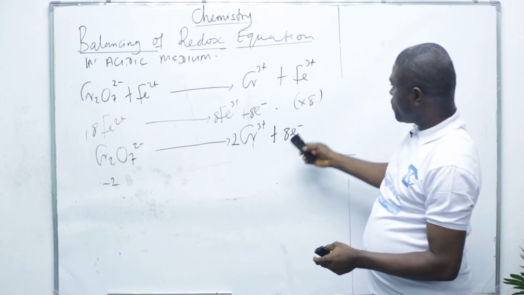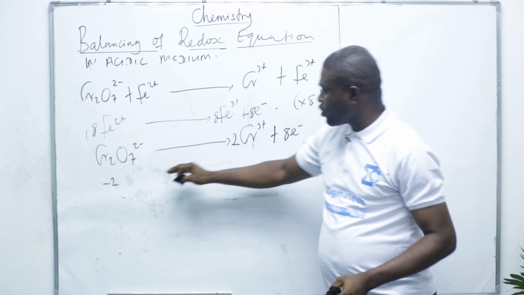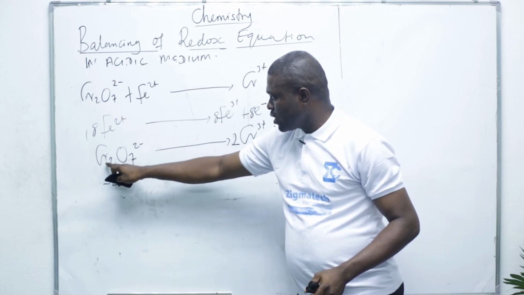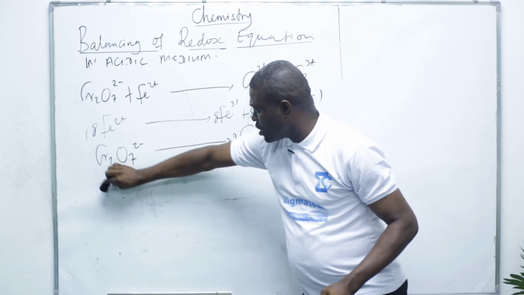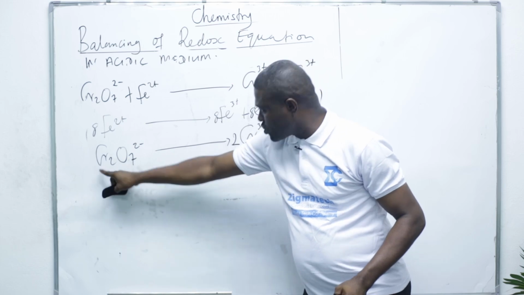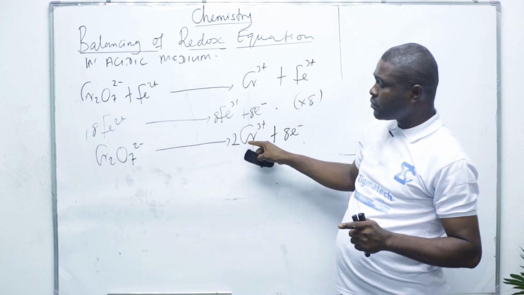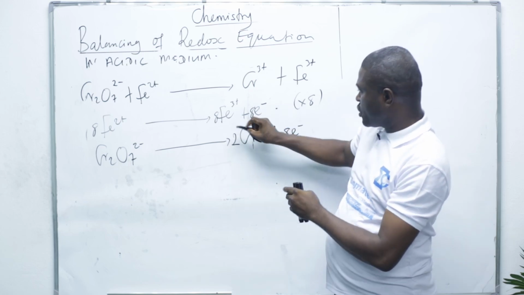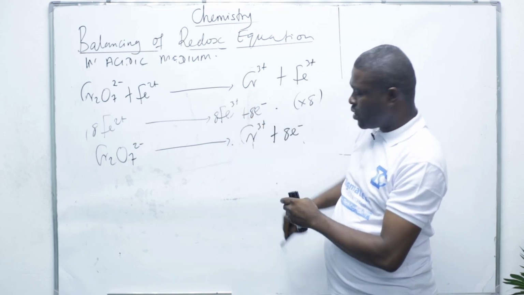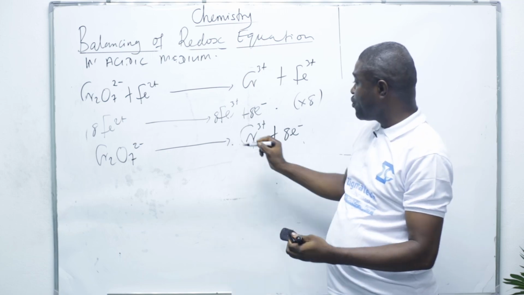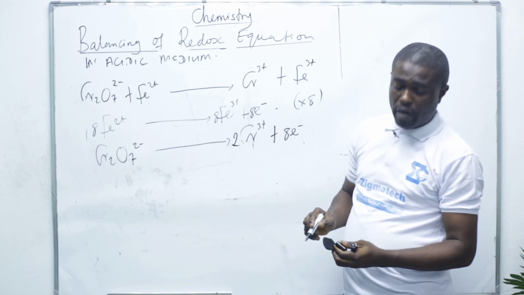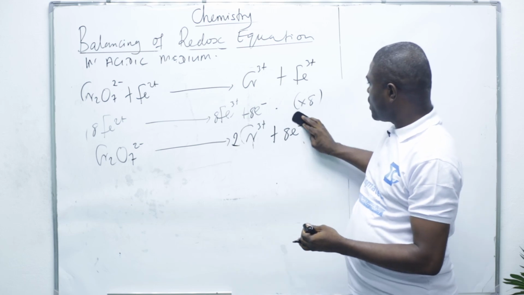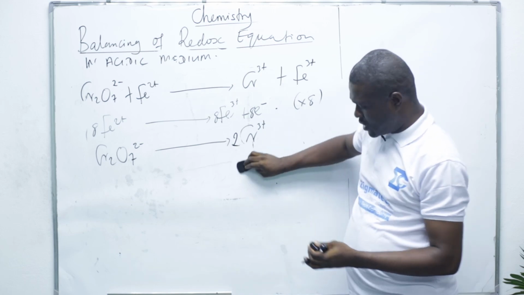As I was saying, in terms of atoms, it is balanced. Chromium is 2 atoms. The chromium at my right hand side originally was 1, so I have to balance it by putting 2 here. Right? So having done that, we now balance the charges.